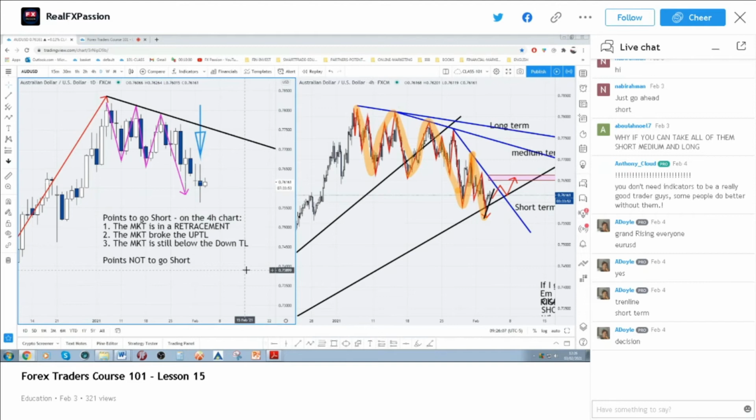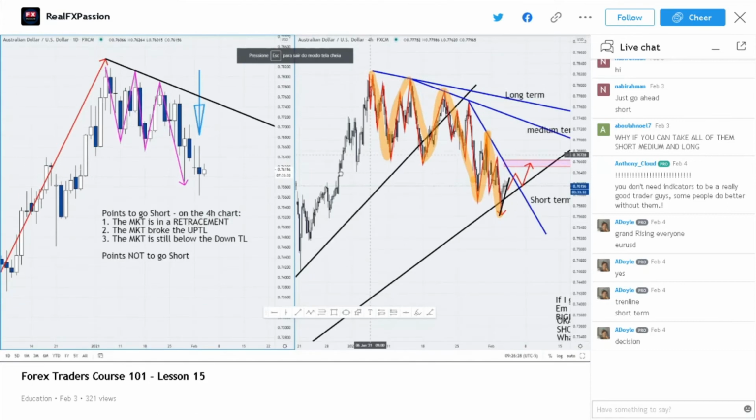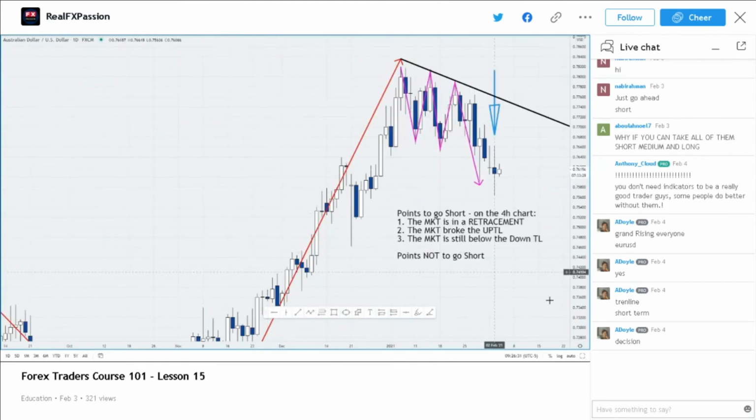It changed the short-term trend. The market broke the uptrend line from the daily. The market is still below the downtrend line. Yes, I agree, it broke the low from before. The retracement looks like it could be coming to an end. Yes, sir. So congratulations to everybody. This is how to think in probabilities, right?